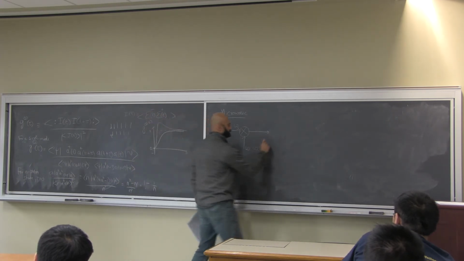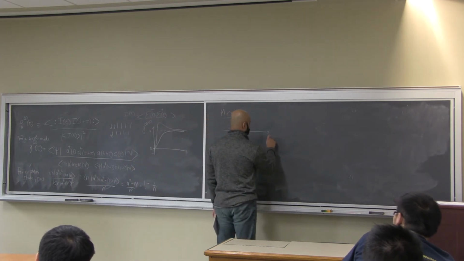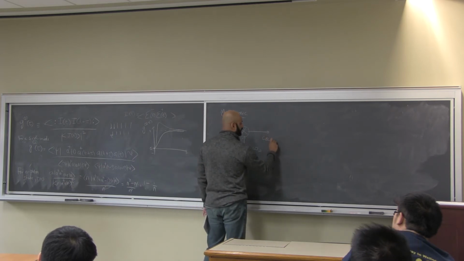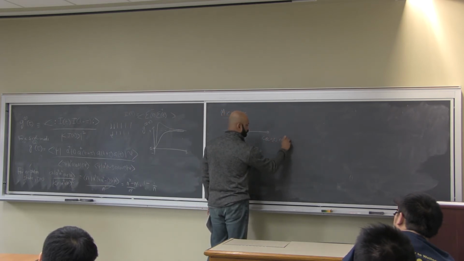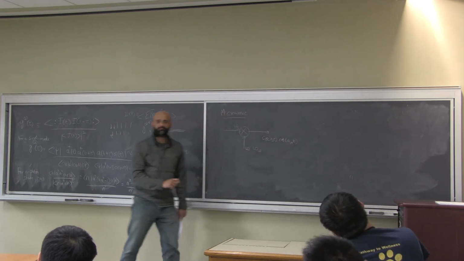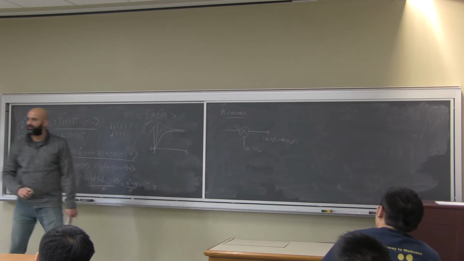The output is proportional to cosine omega S t times cosine omega LO t, right? That will be the output of your photodetector.